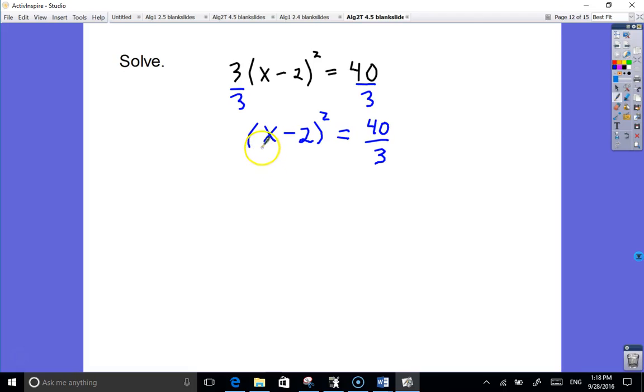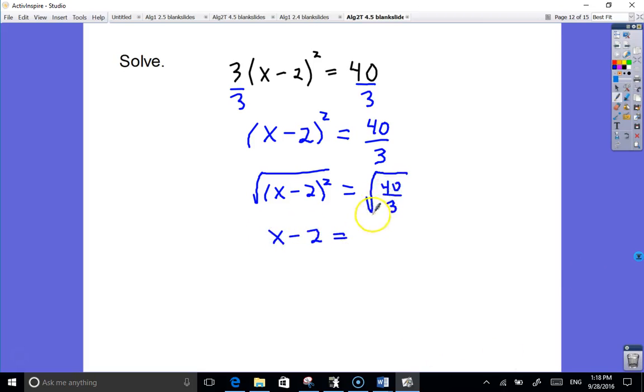Then take the square root of both sides.